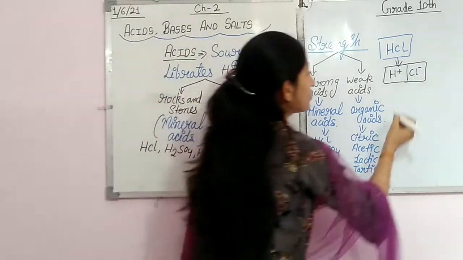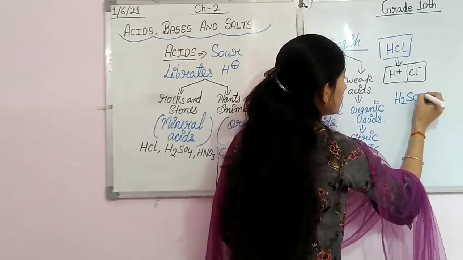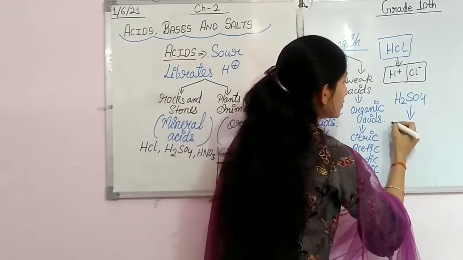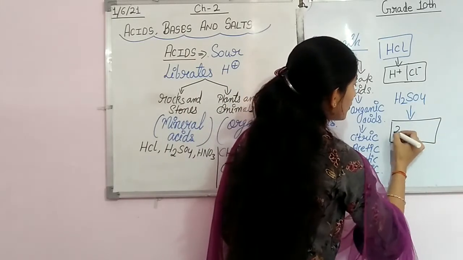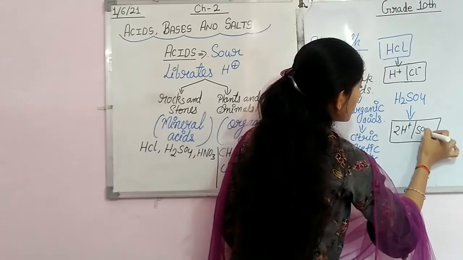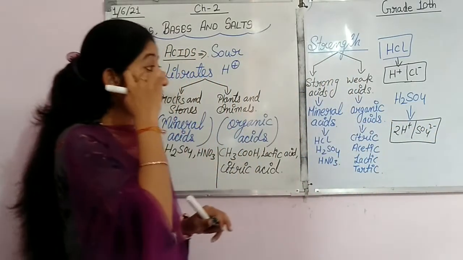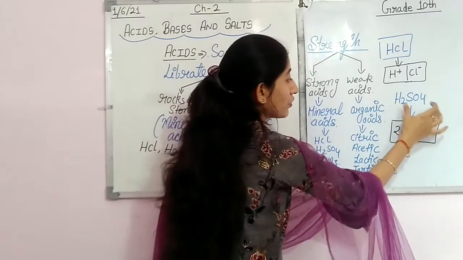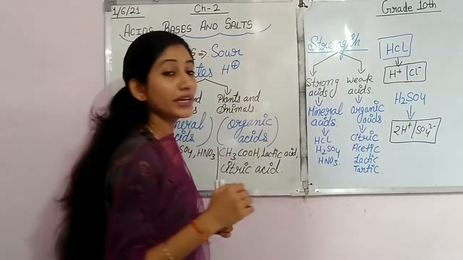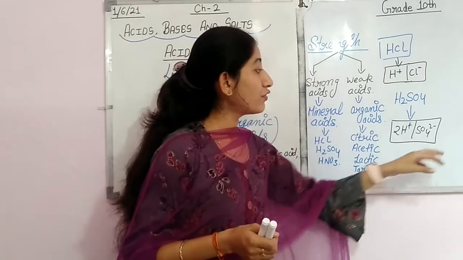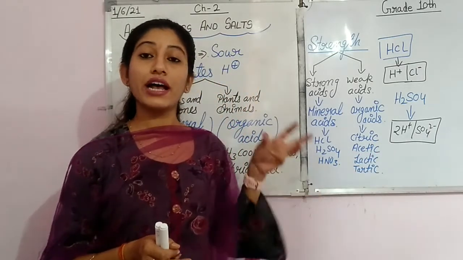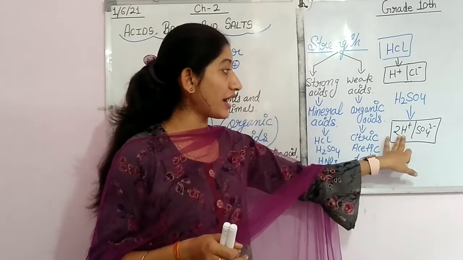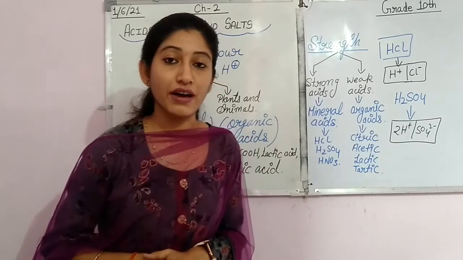Similarly, suppose we have H2SO4. Here also we can see that when this H2SO4 dissociates, it will break down into 2H+ and SO4 2-. So this H2SO4 dissociates completely into 2H+ and SO4 2-, means nothing is left now. The H2SO4 has lost its identity and it dissociates into H+ ions and SO4 2- ions.